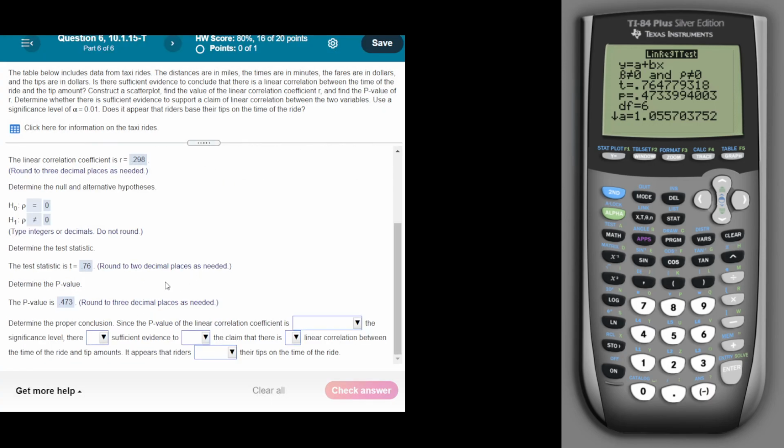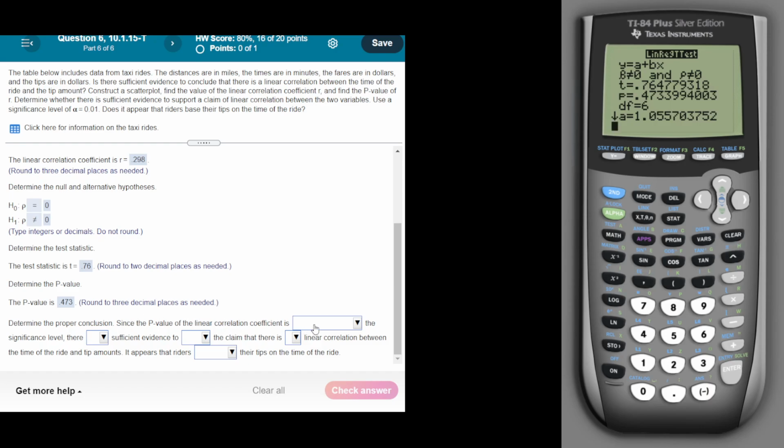Okay, now this stuff. So remember, the p-value here is actually greater than your significance level here. So this is a fail to reject, and when you fail to reject, there's not enough evidence to support the claim. Remember that. So there is not a correlation. In this section, you're trying to figure out if there's a correlation or not. Anyway, determine the proper conclusion.